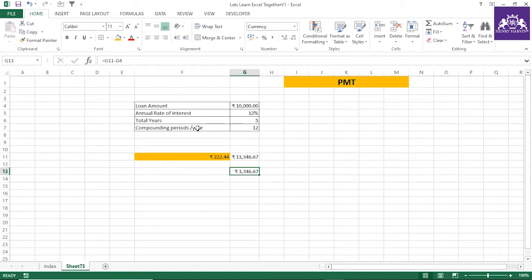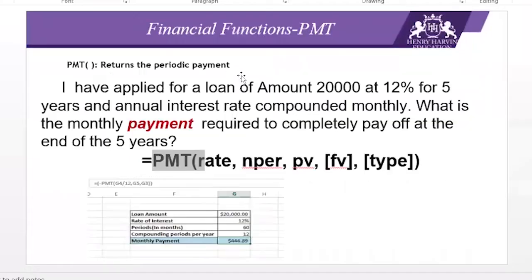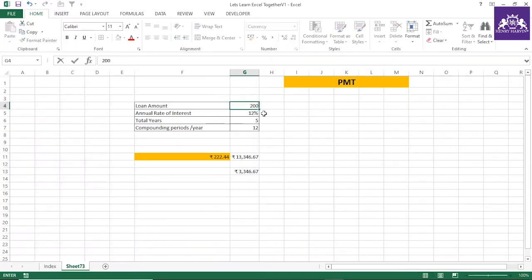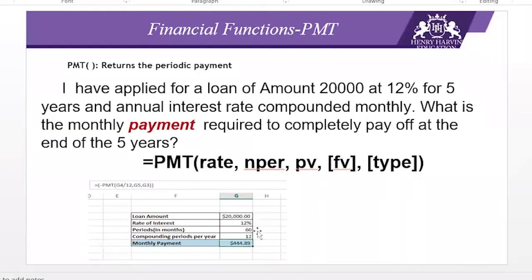Now let me tell you another function where you can calculate the future value by yourself. So this is clear, guys: PMT, the payment function. If you make it 20,000, you see the amount we are getting, 444.89. This is what we are demonstrating in our PowerPoint presentation.